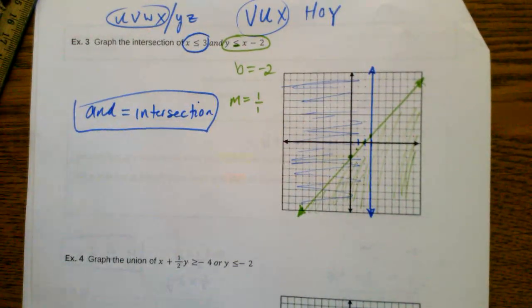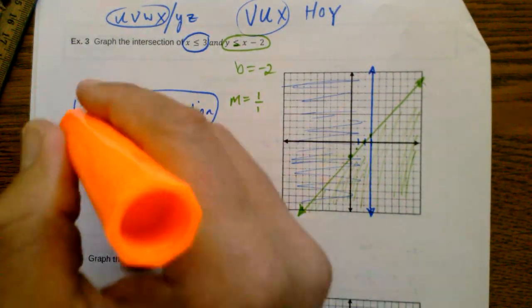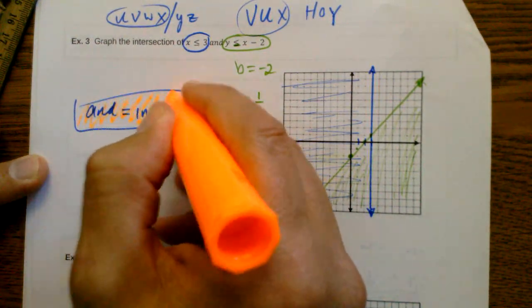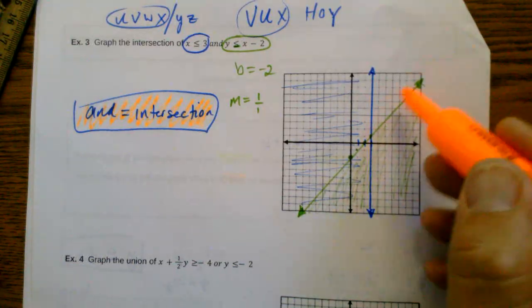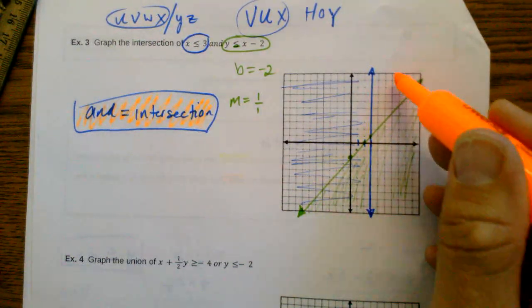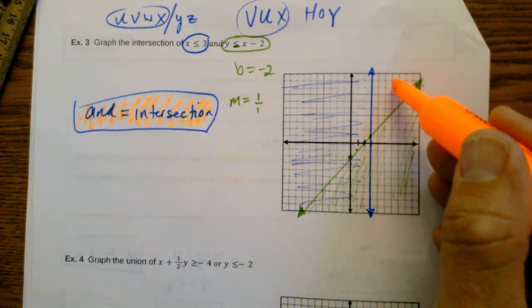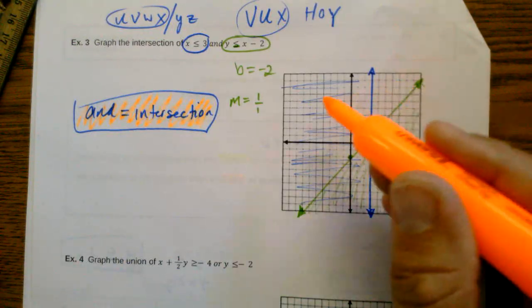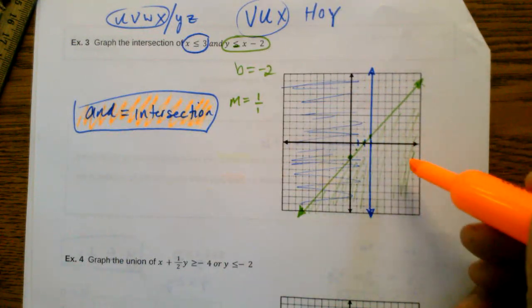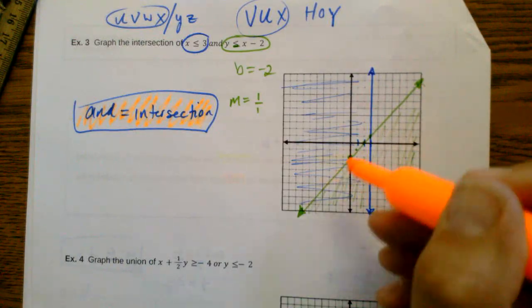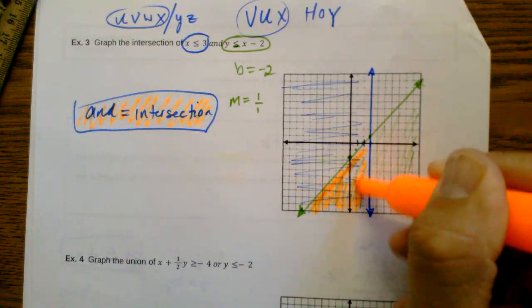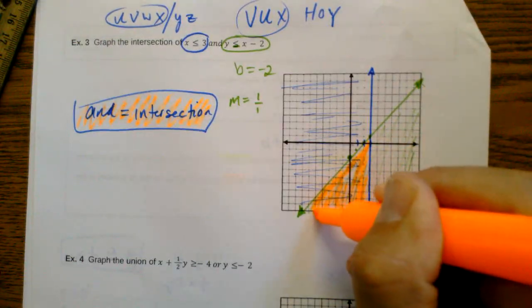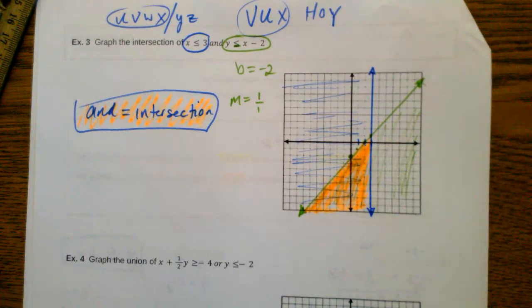So and is intersection, so I'm going to highlight where the blue and green come together. Anytime I have two lines intersecting, I have 4 sections. This section has nothing. This section is only blue. This section over here is only green, and this is my final solutions right here. So right there is my final intersection.